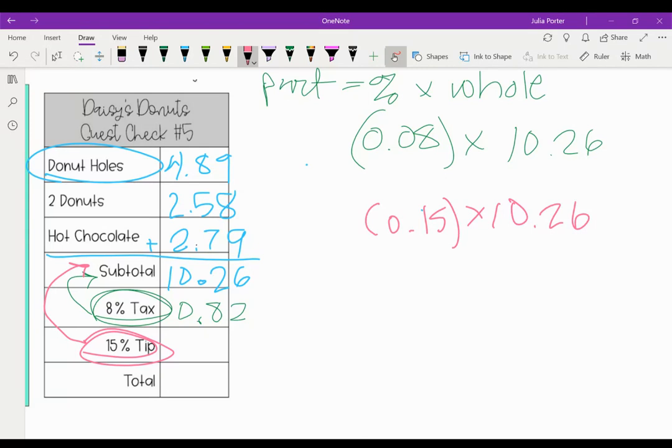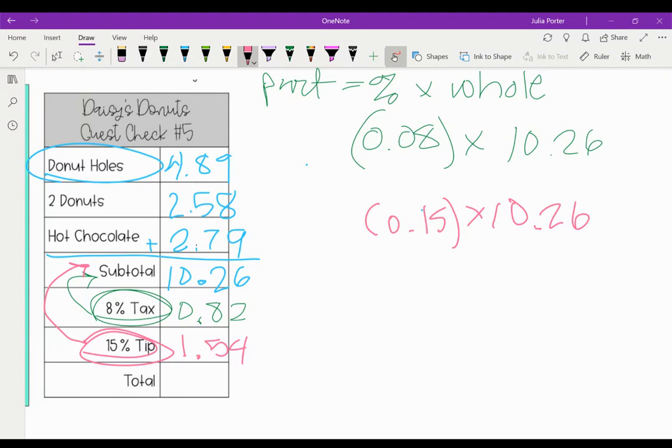And when I multiply my 10.26 times my 0.15, that will give me $1.539, and if I round to the hundredths place value, $1.54.